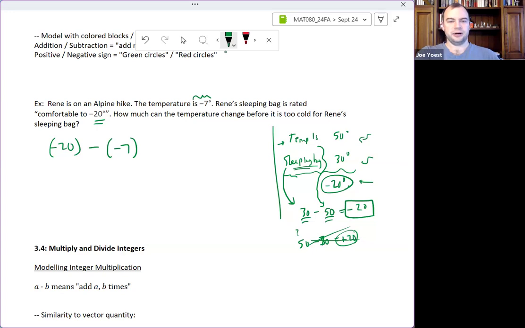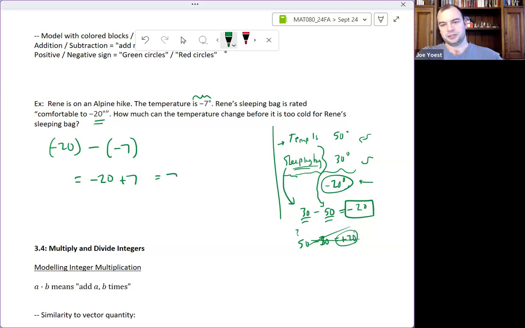And again, here I can think of subtracting a negative number as adding a number. Negative 20 plus 7. I can think in terms of counters, or I could think in terms of the real line, moving back and forth.